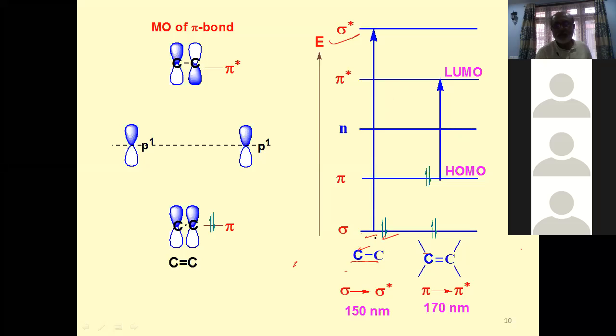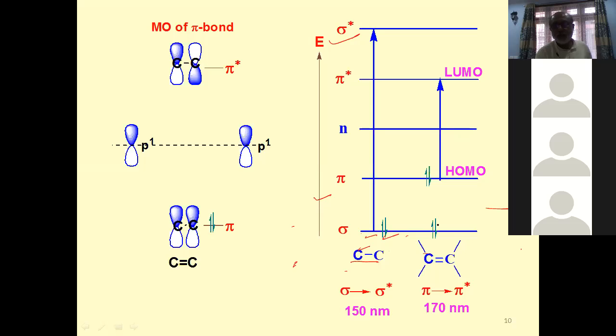The upper sigma star is vacant. This arrow up I'll just show, and the energy is shown here, as if we go up.